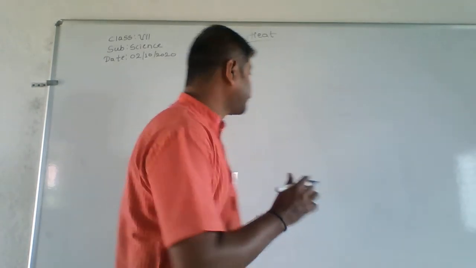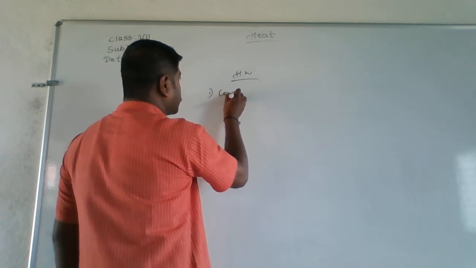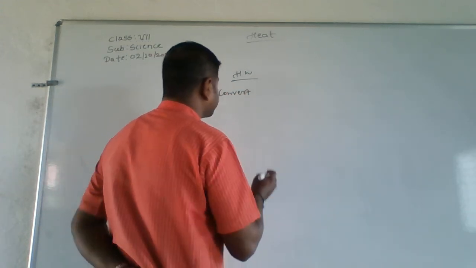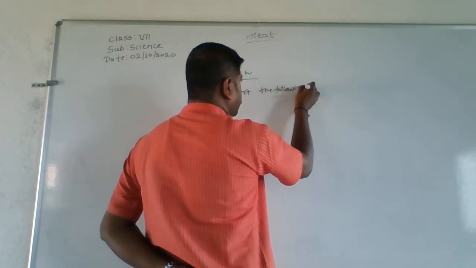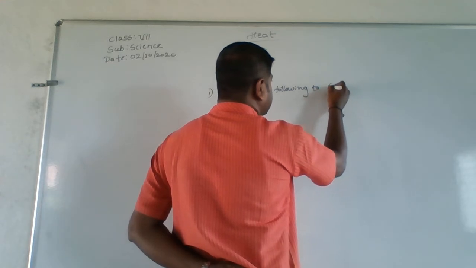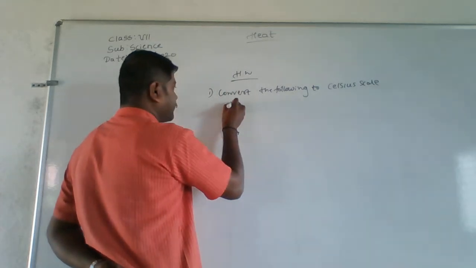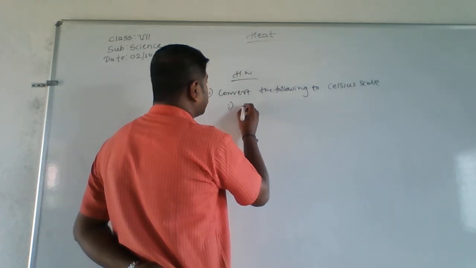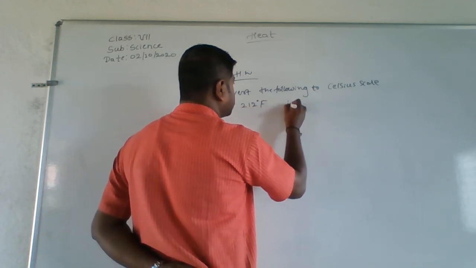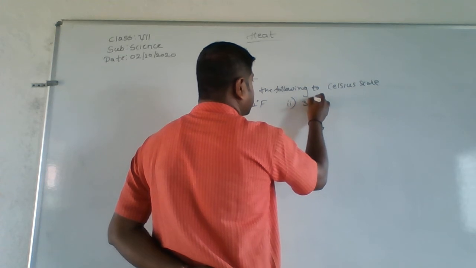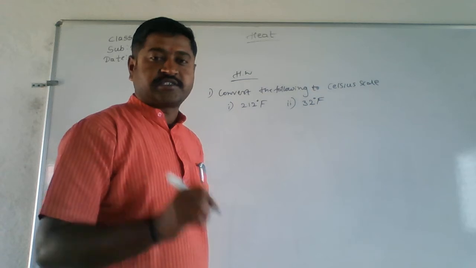And for homework, convert the following to the Celsius scale. The first one is 212 degrees Fahrenheit. The second is 32 degrees Fahrenheit. You have to convert these to the Celsius scale.